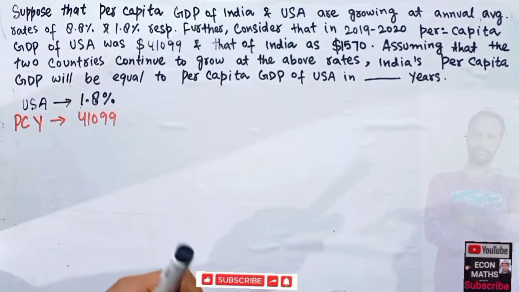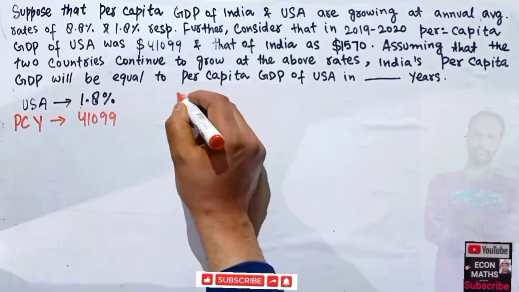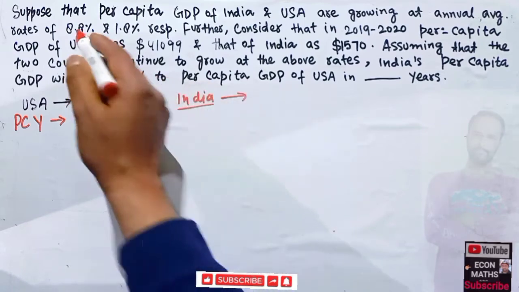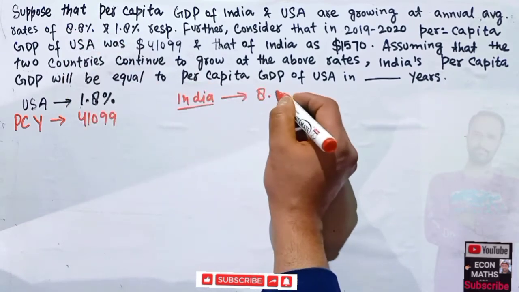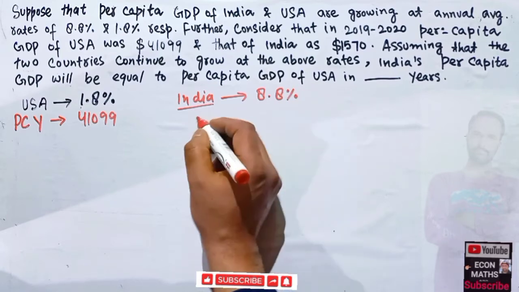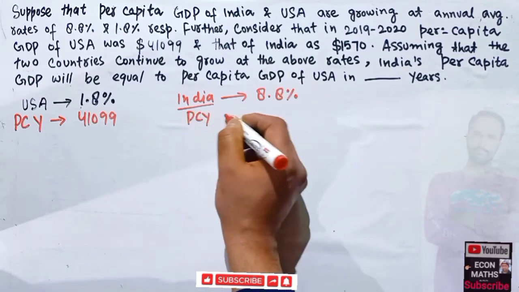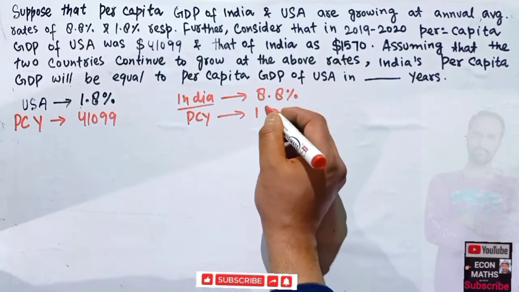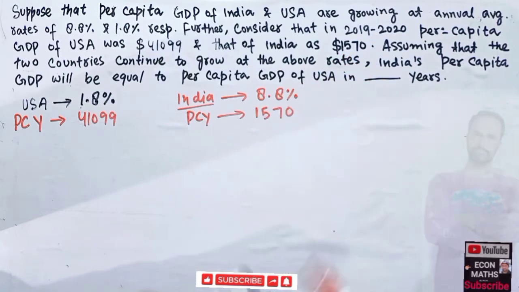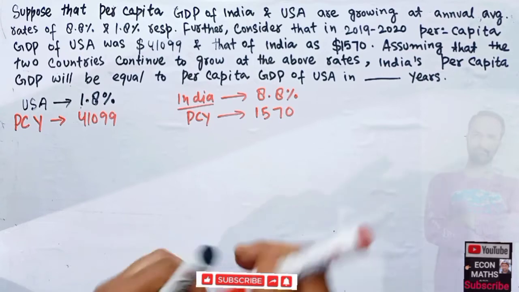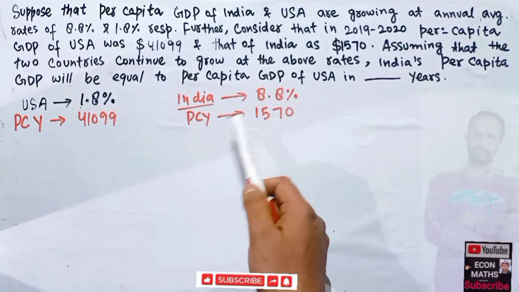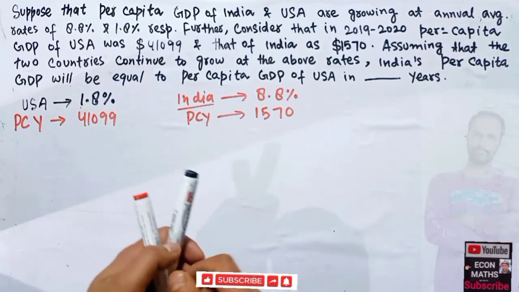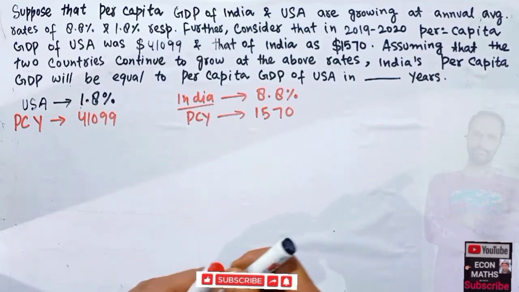Similarly for India, we are being given the growth rate as 8.8%, and per capita GDP or per capita income is equal to $1,570. We need to see after how many years the per capita income of India will be equal to the per capita income of USA.